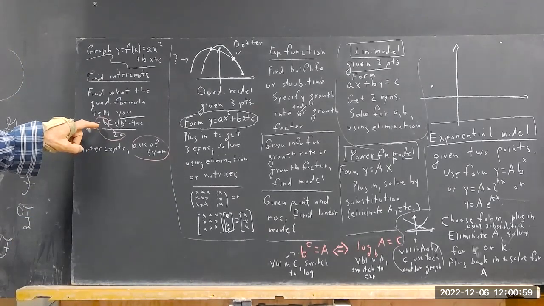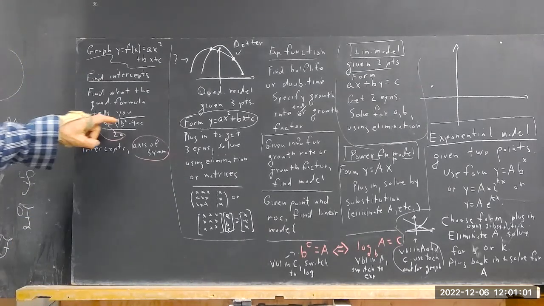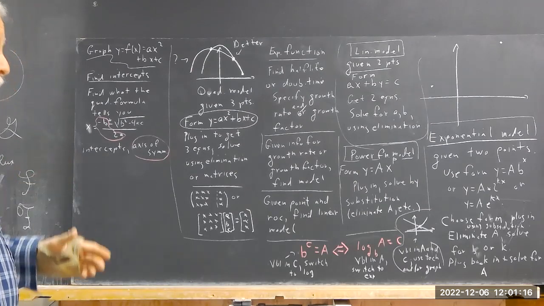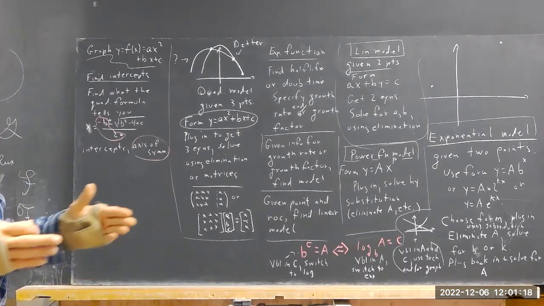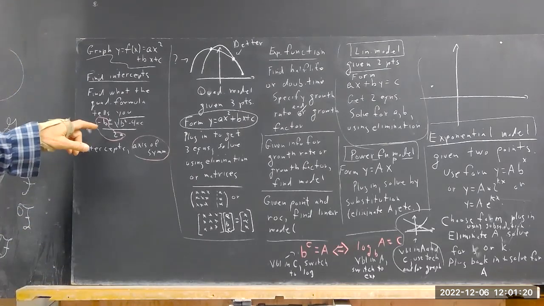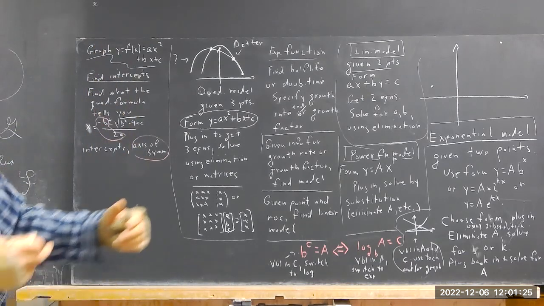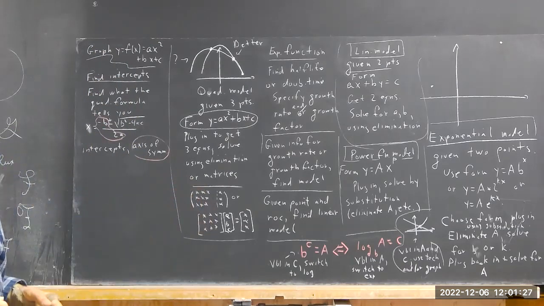But negative b is halfway between negative b plus and negative b minus the square root of the discriminant. So it's halfway between the zeros. It's equidistant from the zeros. x equals negative b over 2a is a vertical line that's symmetric with respect to the zeros.